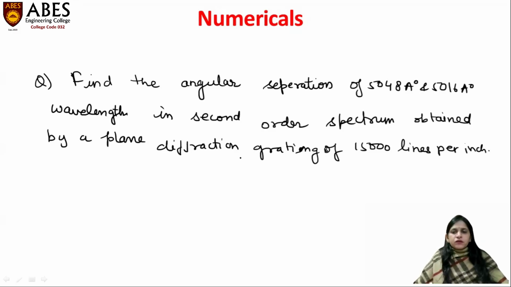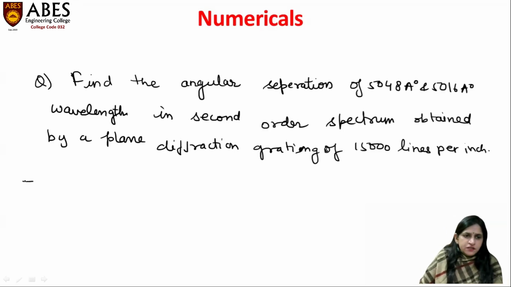Okay, so how are we going to solve this? First and foremost, what is given? Two lambdas are given: lambda 1 is 5048 angstrom and lambda 2 is 5016 angstrom. And what else is given?